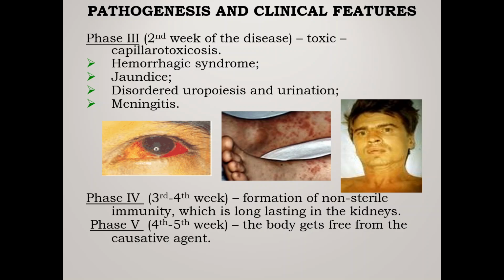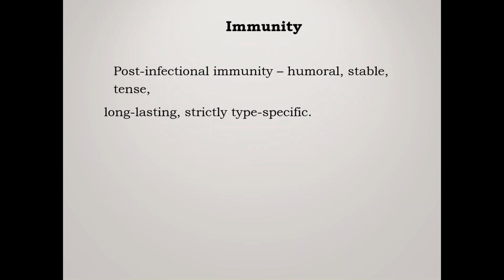Phase 4. Formation of non-sterile immunity with long persistence in the kidney. And phase 5. The body becomes free from the causative agent. Immunity: post-infectious immunity is humoral, stable, tense, long-lasting, strictly type-specific.